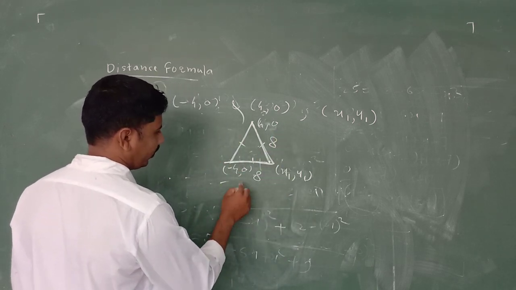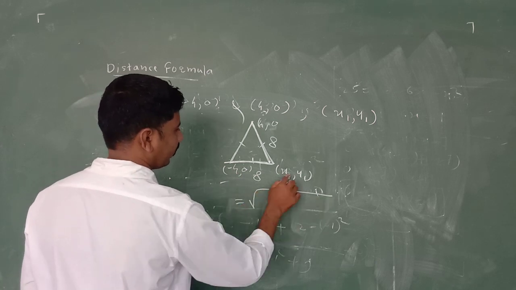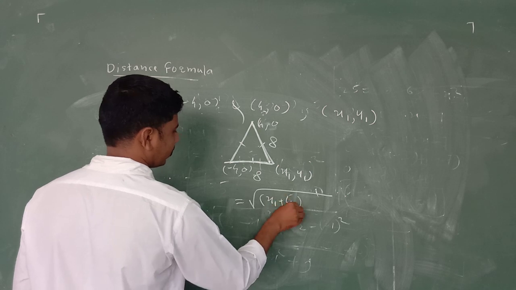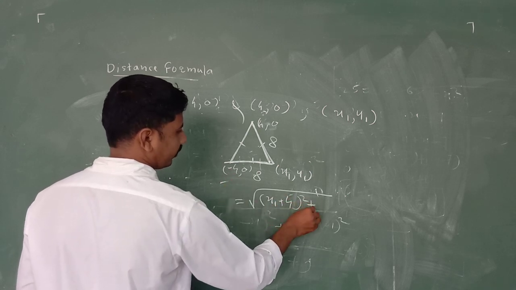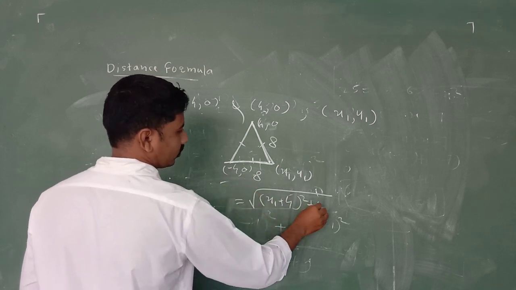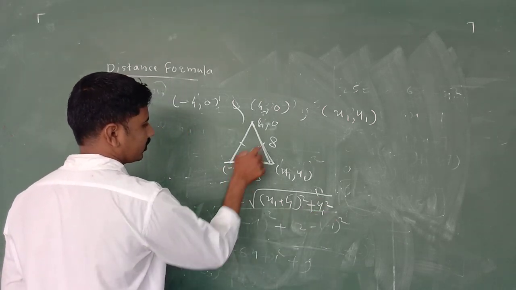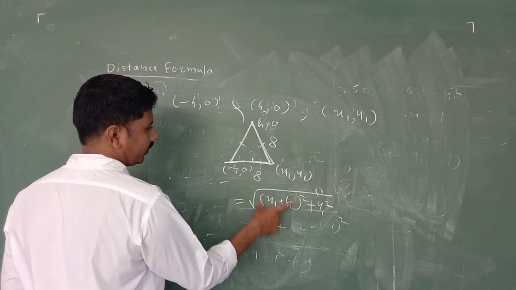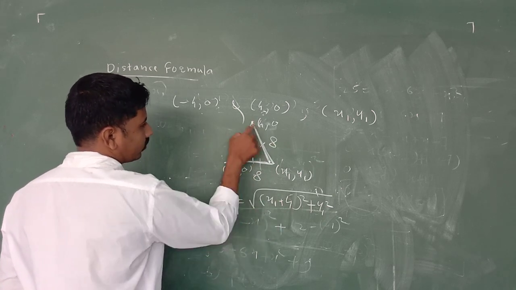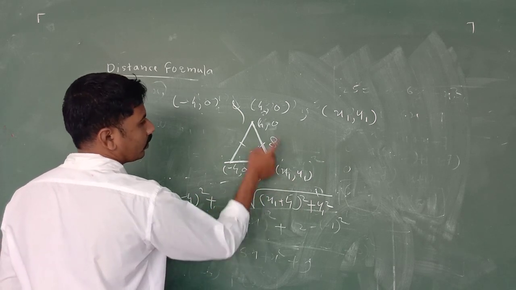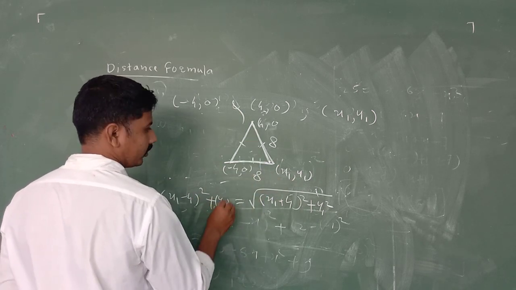So what will the equation become here? Under root, x1 minus minus 4, that means x1 plus 4, bracket square, plus y1 minus 0, y1 square, and these 2 distances are equal. This distance we are taking, and this distance we will take: x1 minus 4 bracket square plus y1 minus 0, that means y1 square.